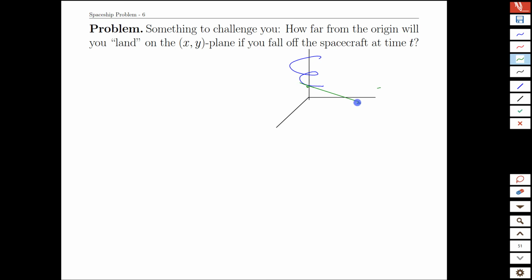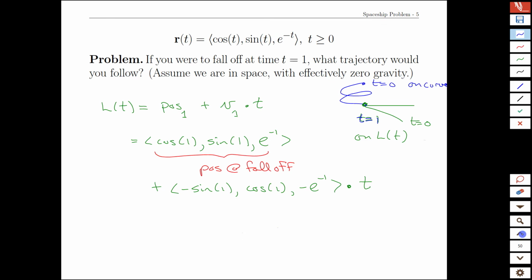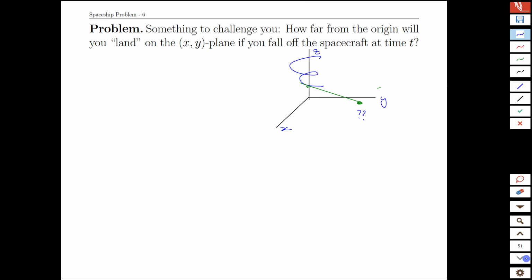If you follow that line, eventually it's going to intersect the XY plane. That would be the landing point for you after you jump off the spaceship. The question is, what is that location on the XY plane? It's something you can definitely work out using what we have on the previous page, but it's worth exploring a bit on your own.